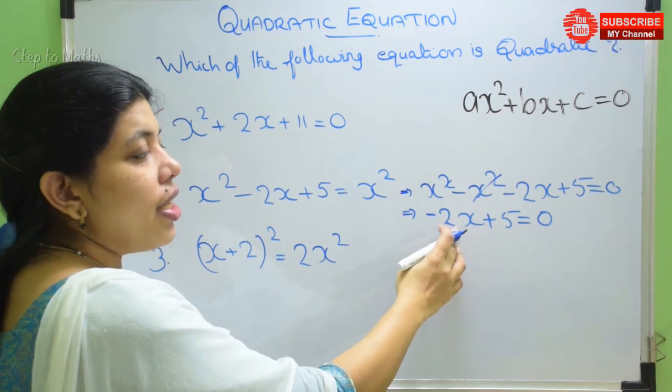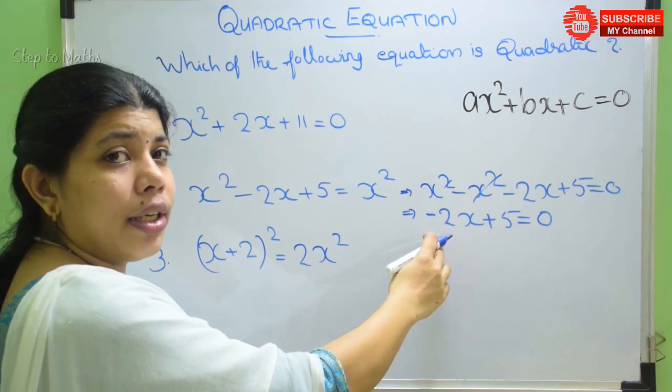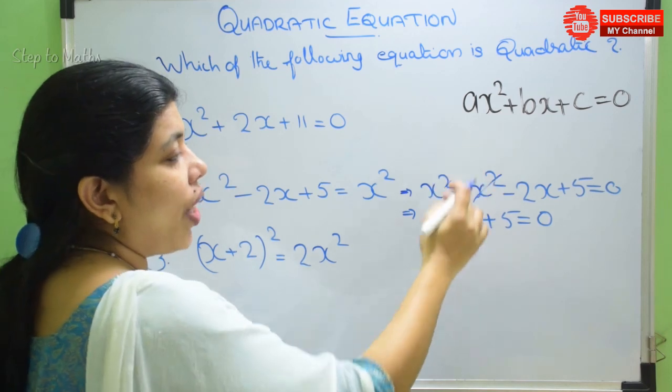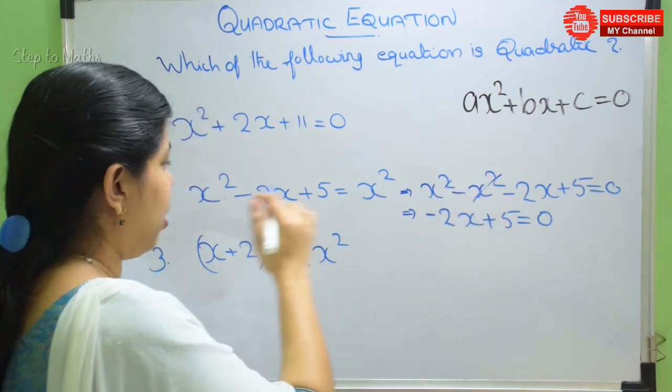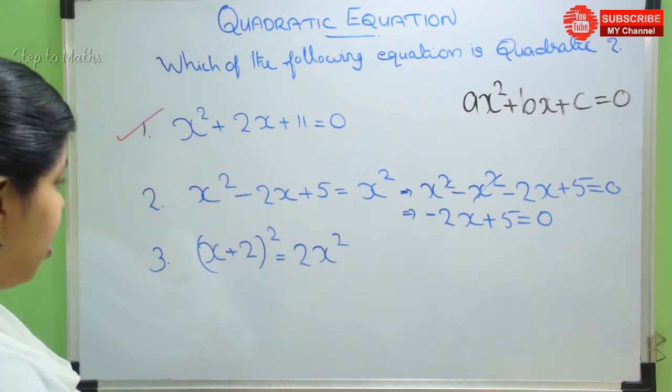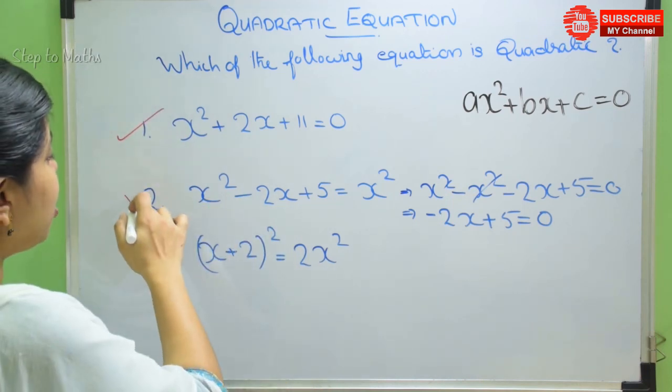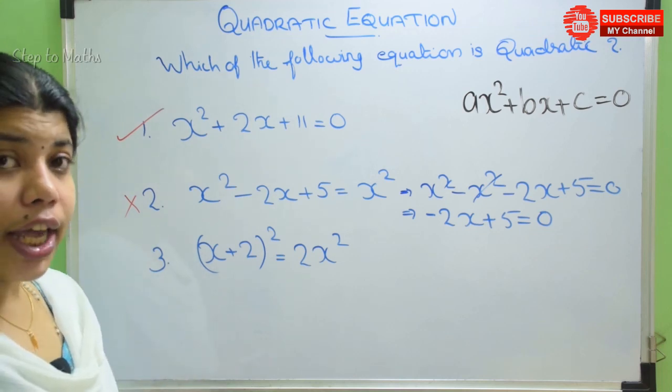That is, in this equation, the term containing x square is missing. The highest power of the variable x is 1. That means equation number 2 is not a quadratic equation.